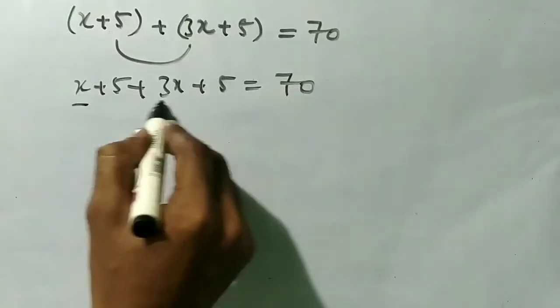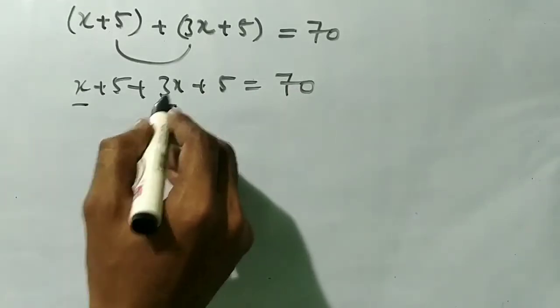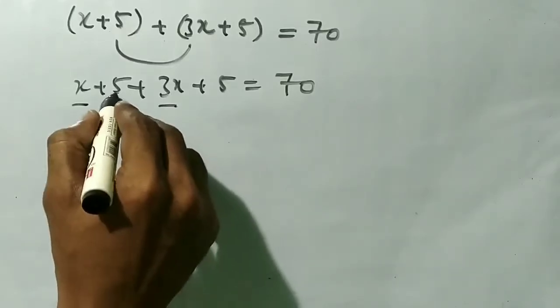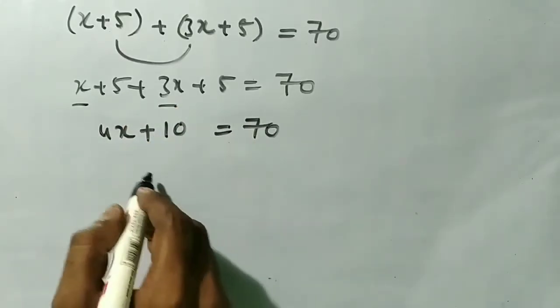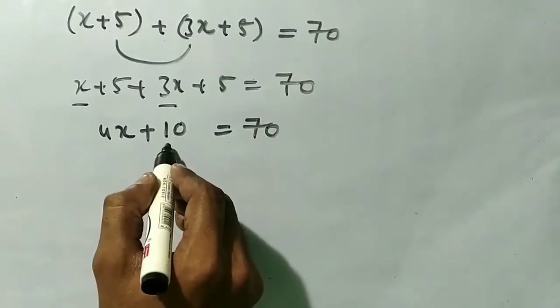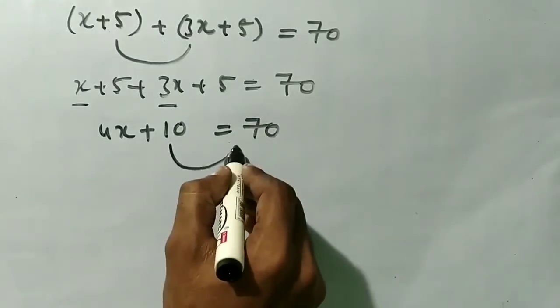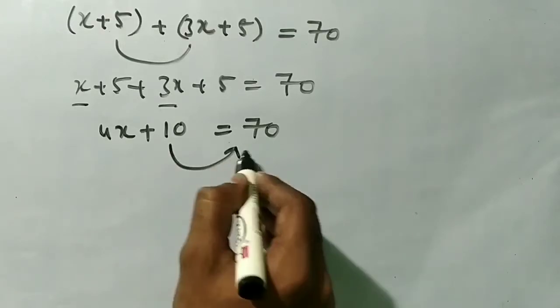x plus 3x is equal to 4x, and 5 plus 5 is equal to 10, so 4x plus 10 is equal to 70. Here plus 10 becomes minus 10 when it goes to the RHS. We know already.